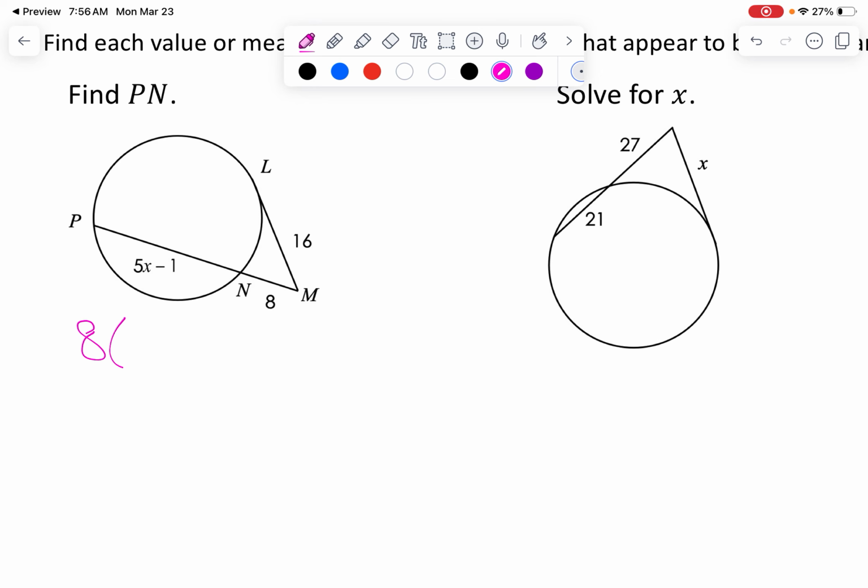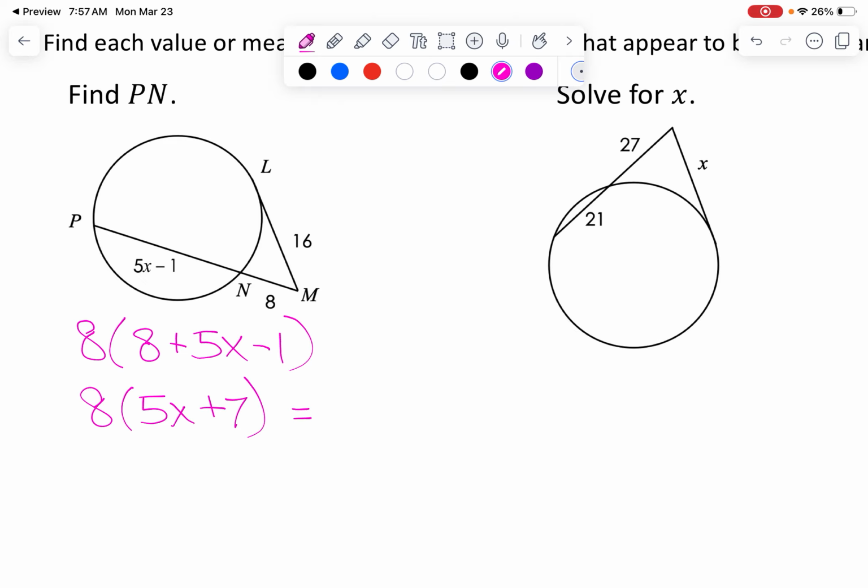Okay, so if you're combining like terms there, you should get 8 and then 5x plus 7. Now that should be equal to the tangent squared, so 16 squared.